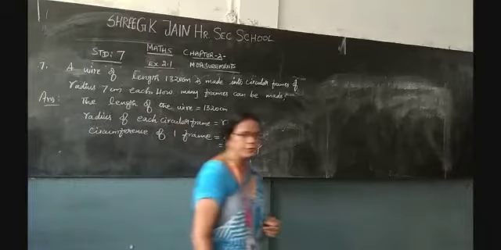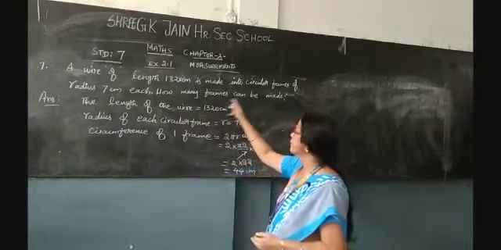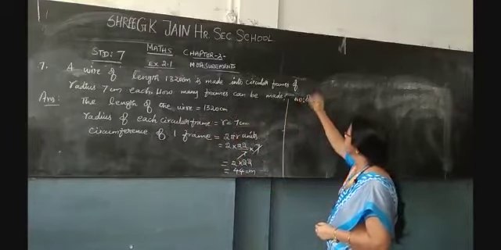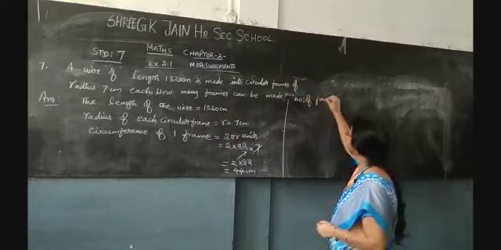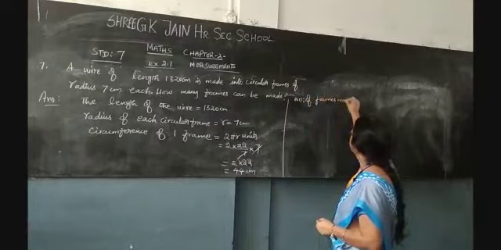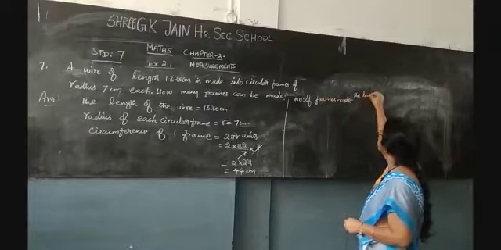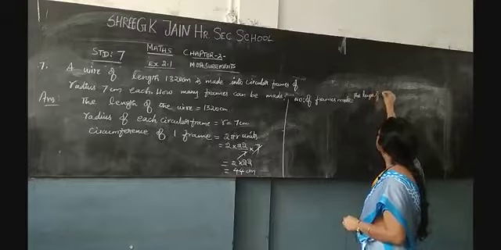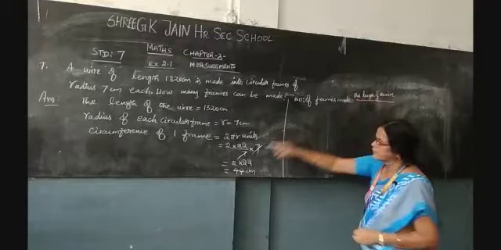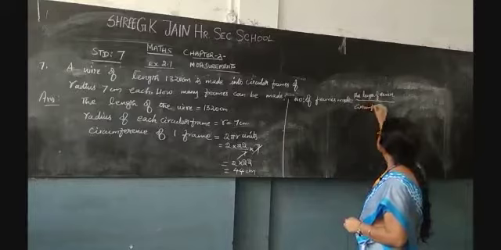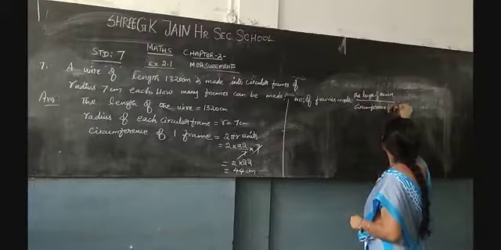Now, what are we going to find out? We need the number of frames. So the number of frames made is equal to the length of the wire divided by the circumference of one frame.